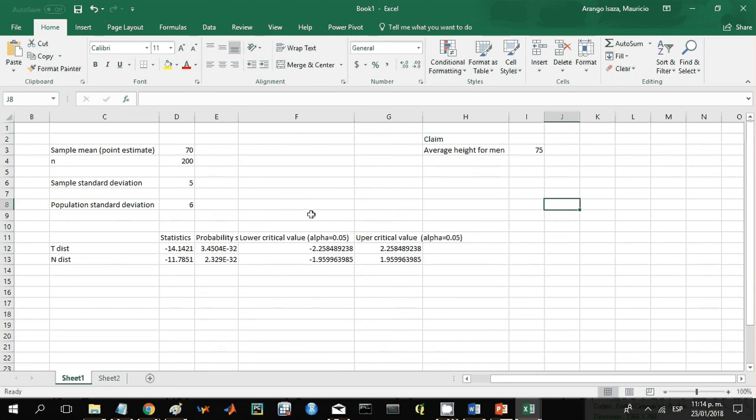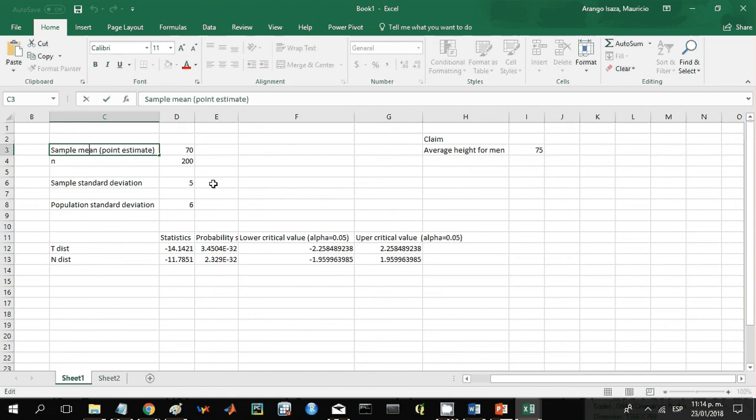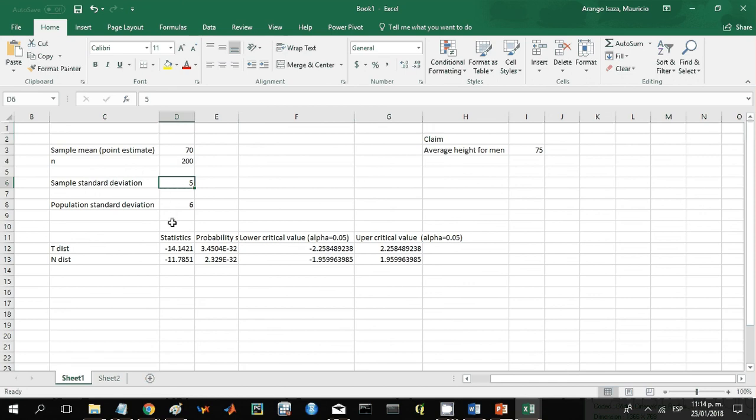So you go ahead and collect a sample, and you get a sample mean that is going to be your point estimate for a sample of 200 men. You calculate the standard deviation of your sample, and you got a 5, and for some weird reason you know the population standard deviation, and that is 6.